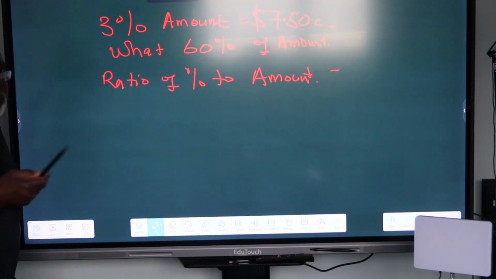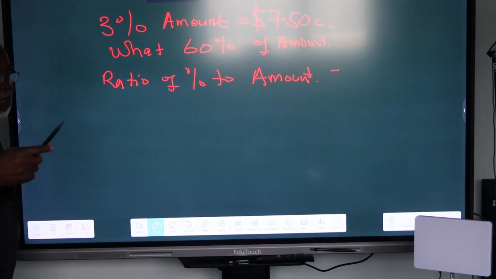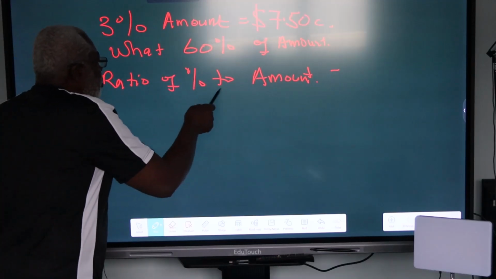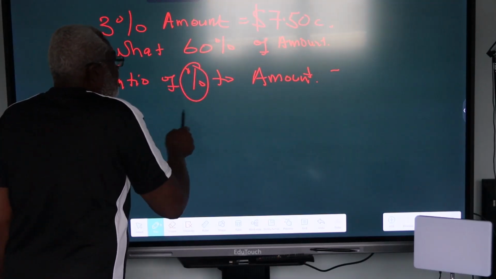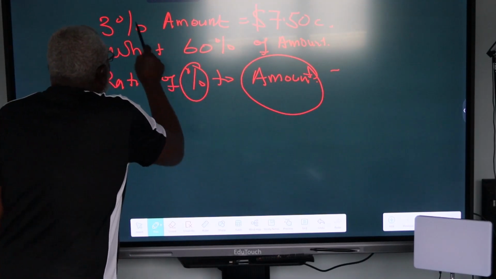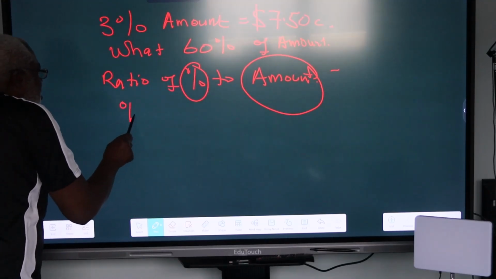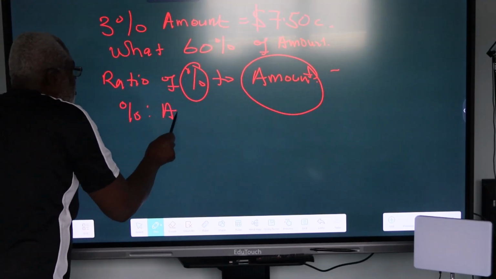So the ratio of my salary to your salary, the ratio of our heights. So it's a rate, something to something is a fraction. So ratio of percent to amount over here.